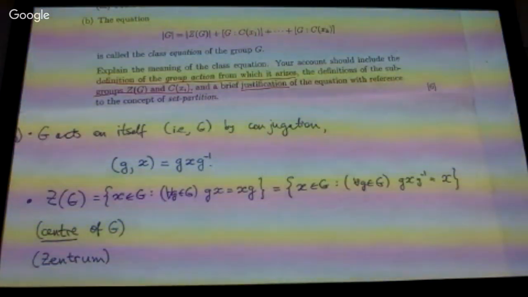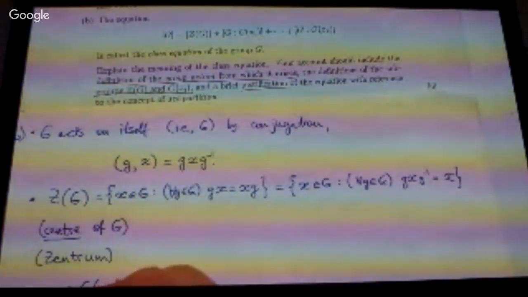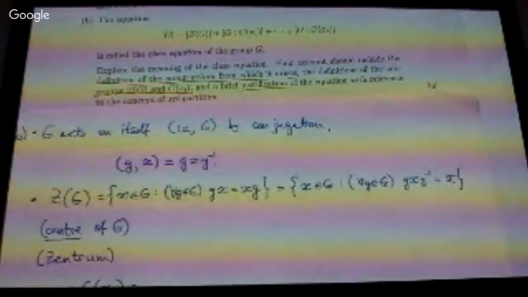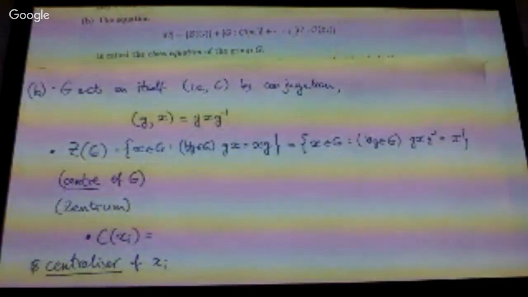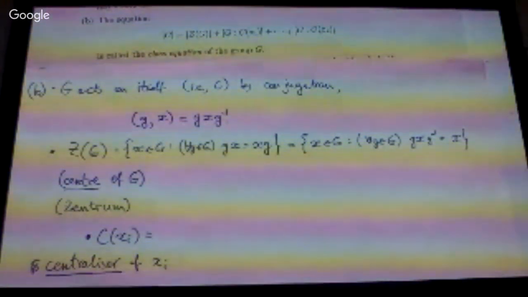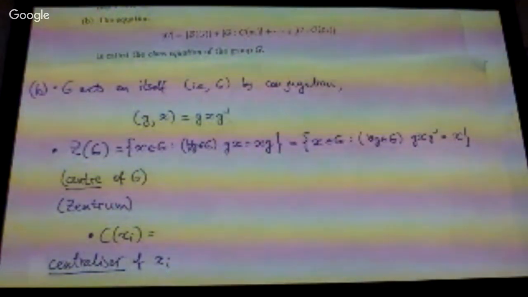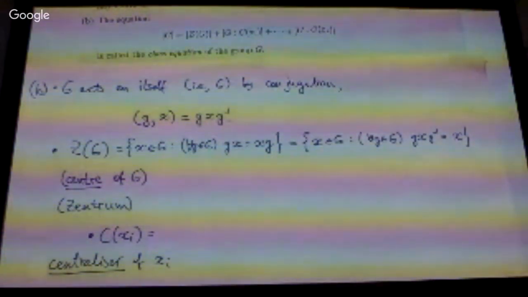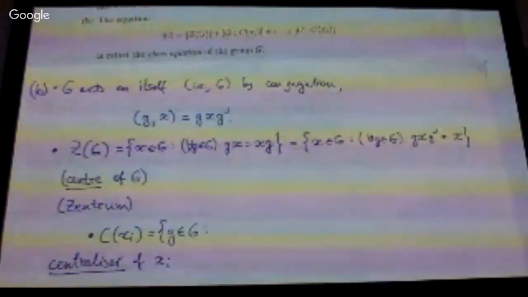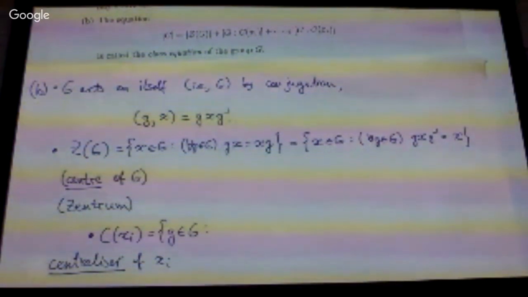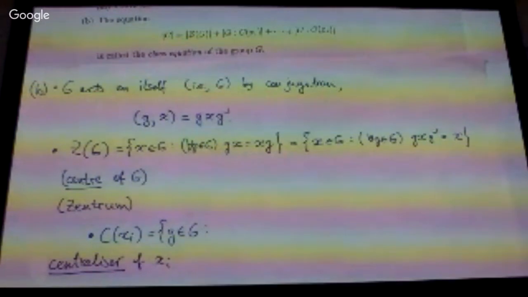And C(xi) is the centralizer of xi. It should be some subgroup of G, because you're taking the index of that in G. What is it?